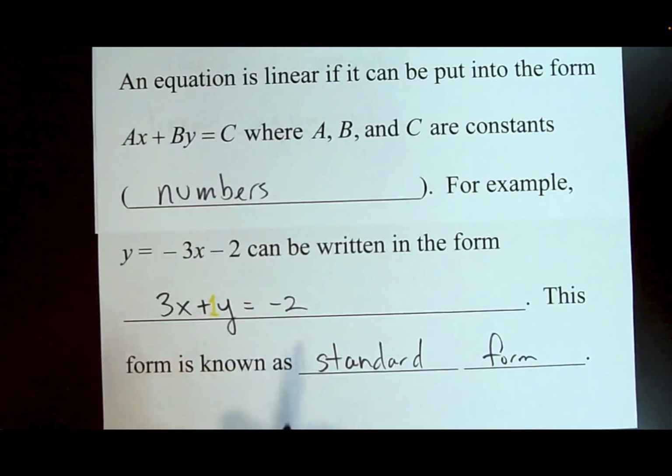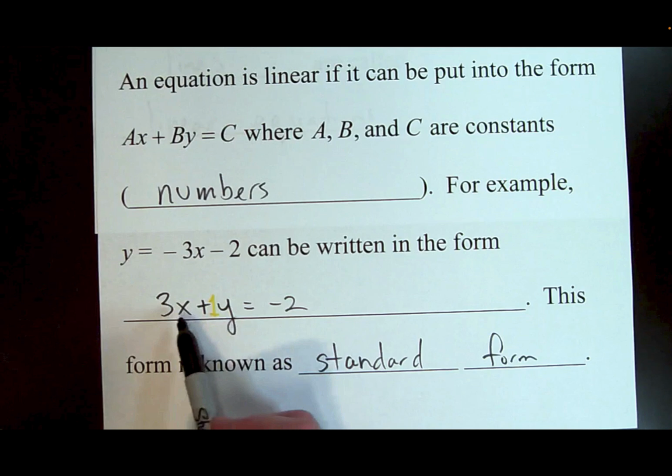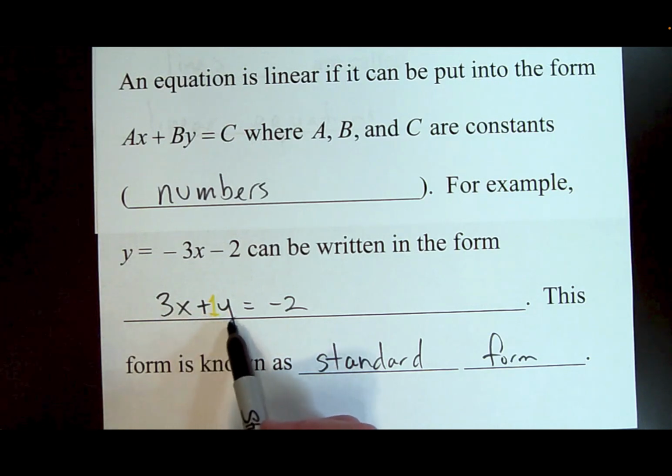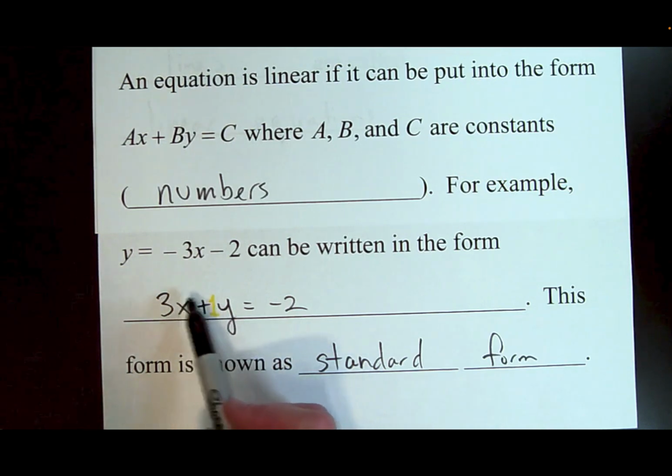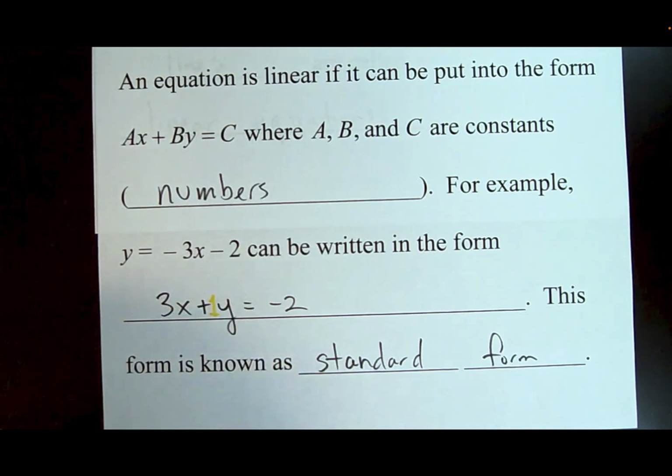Just a quick way of telling that an equation is linear without trying to put it in the standard form or looking at the standard form. Notice that the x and y's don't have powers on them other than the invisible 1 exponent. They're not inside square roots. So that's the quick way of telling that you have a linear equation.